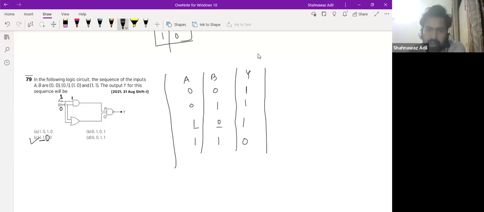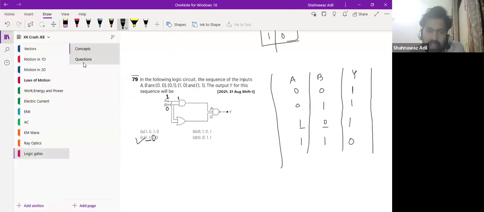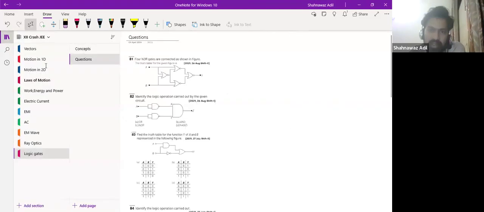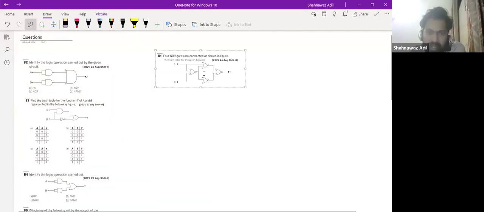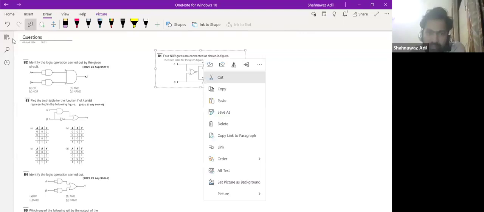Okay, so let's move on and do the next question. So we have this question, and we have to find out the truth table for this figure.